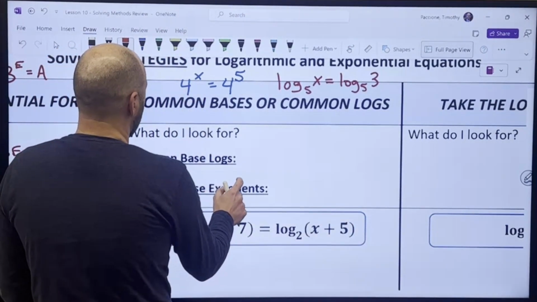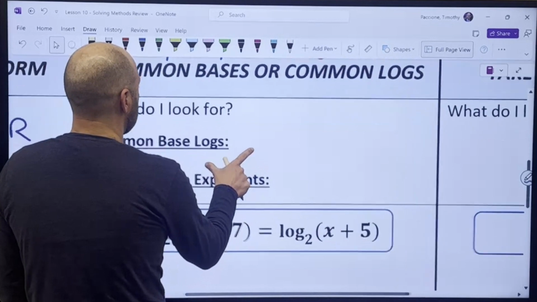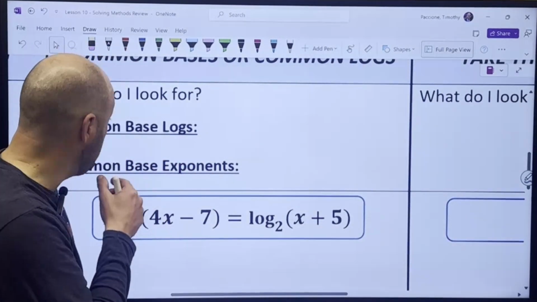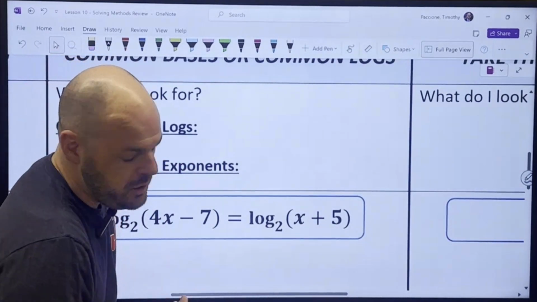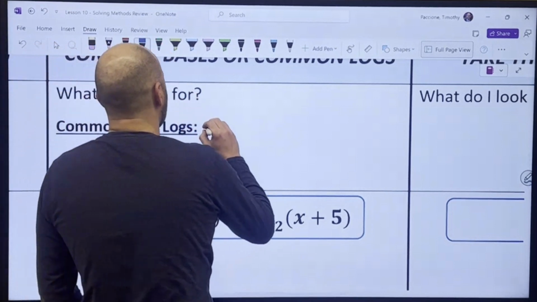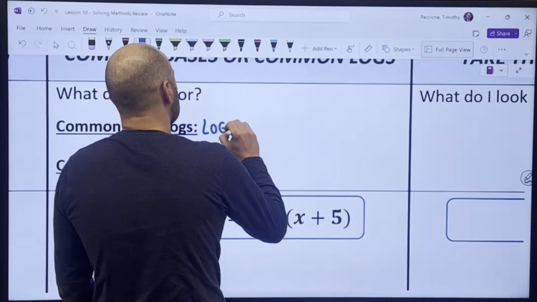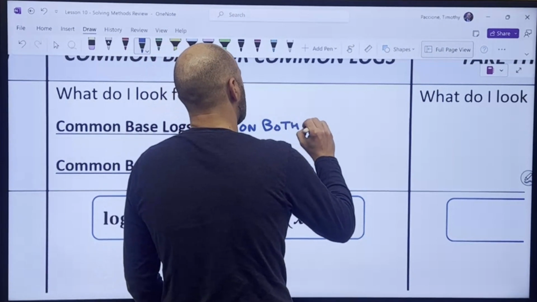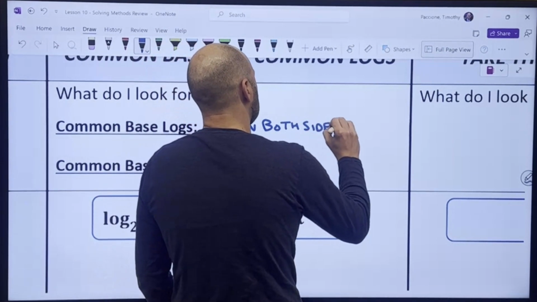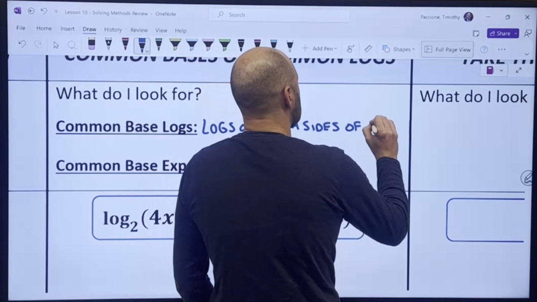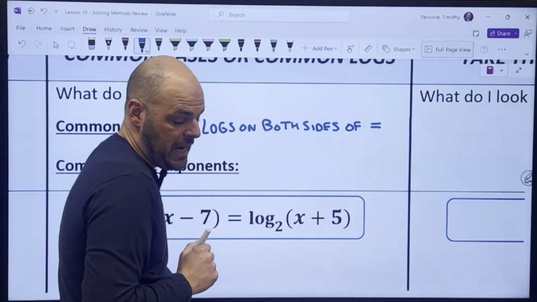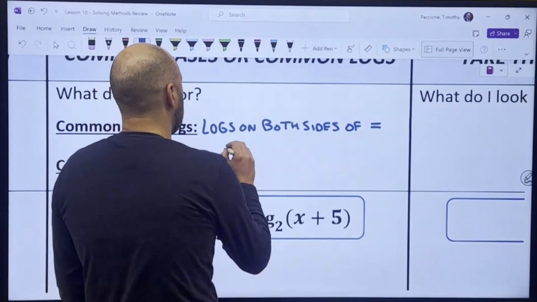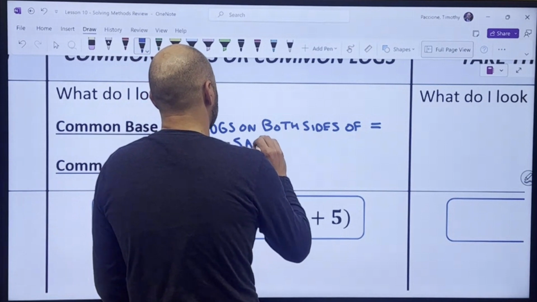So what do I look for for common bases or common logs? For common base logs, you would look for logs on both sides of the equal sign, and then you also have to have the same base.